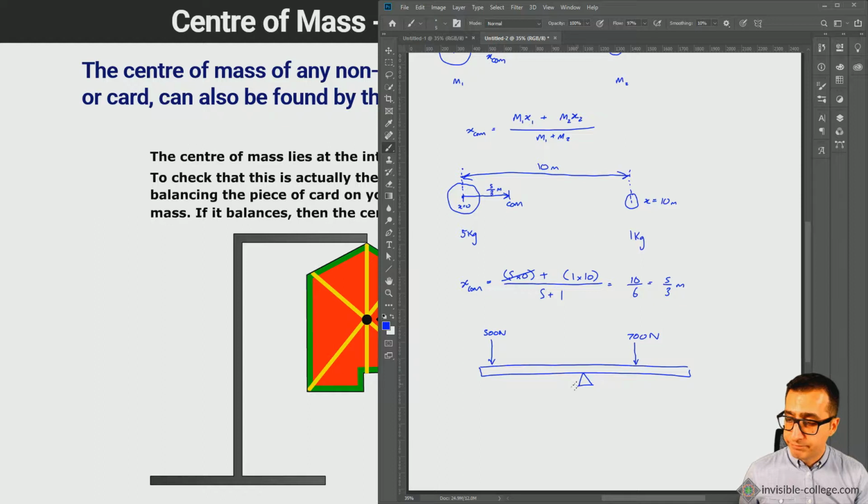And let's say, actually, let me make this a little bit more interesting. So let's say the fulcrum, the pivot point, is somewhere over here.